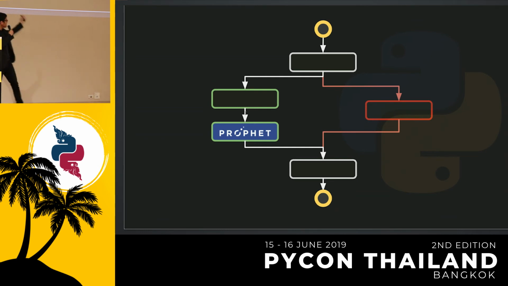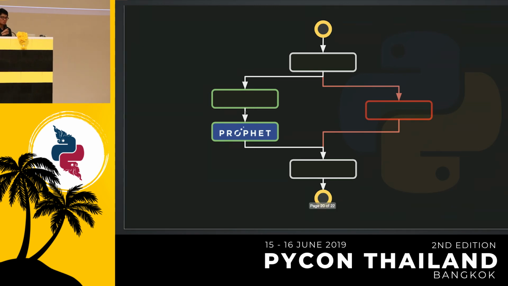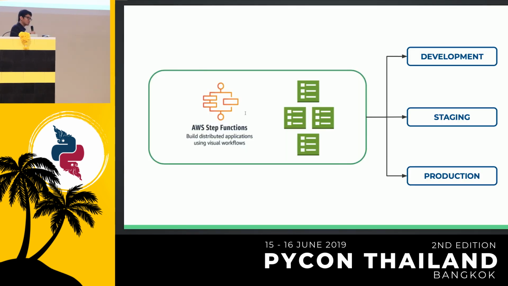I want to see something like this. And the machine learning function that you use should probably be there somewhere, and it should only be triggered due to a certain condition. So using step functions, and of course, probably in the future there will be other alternatives, it will help you manage your workflows.